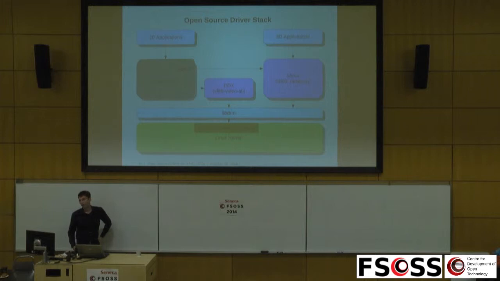Where is the compositing done in that diagram? Okay, so Mesa, the 3D applications are really communicating directly with the 3D driver. So they're basically given a window and they're drawing on it.